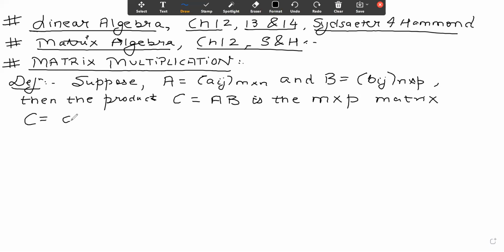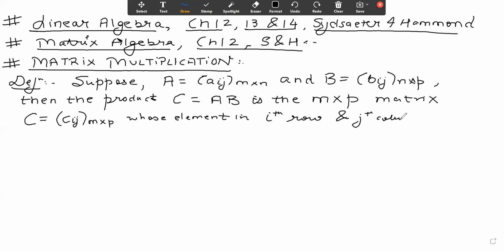C equal to Cij, M cross P, whose element in the ith row and the jth column is the scalar product.